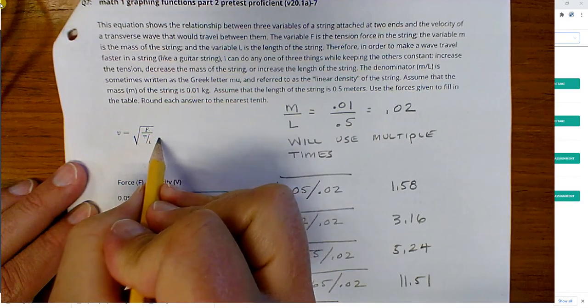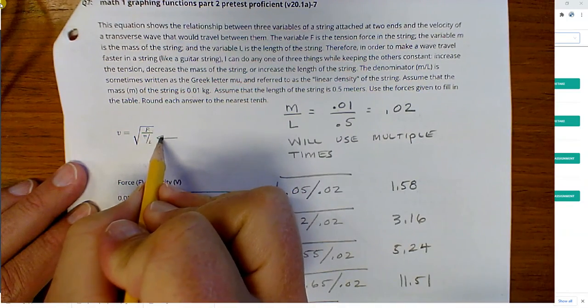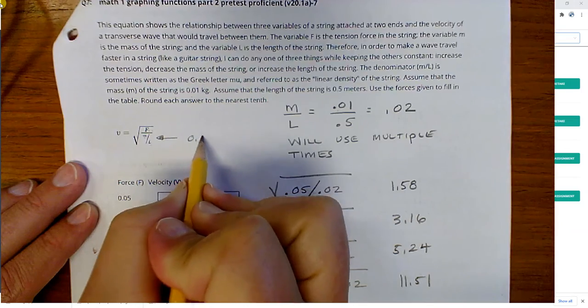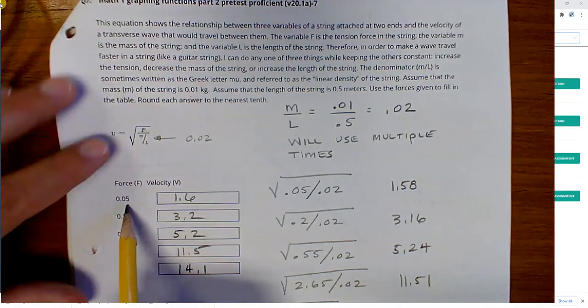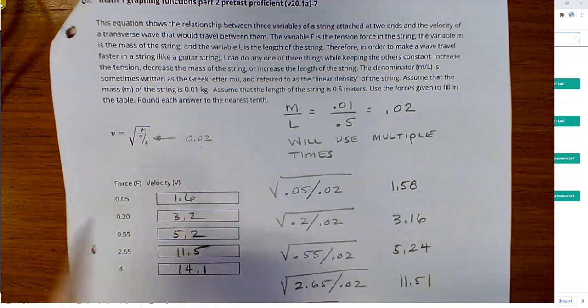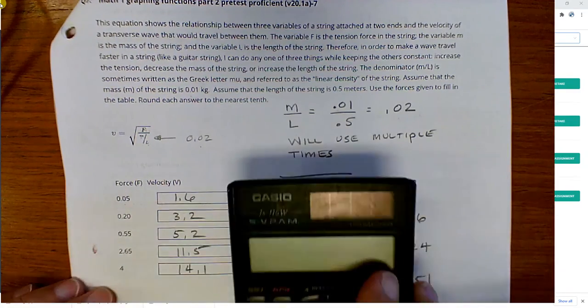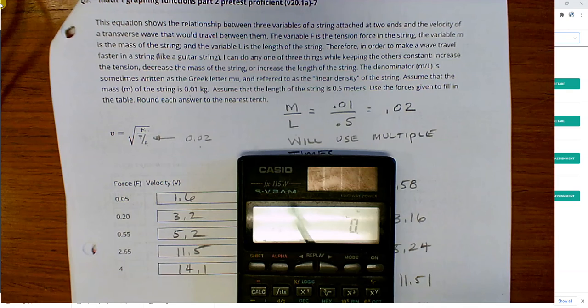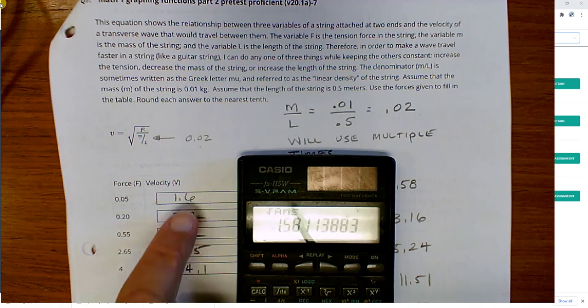So everything down here in the bottom is always going to be 0.02. So I'll take the F, divide it by 0.02, and take the square root of it. F is 0.05 divided by 0.02, and I take the square root of that answer, and I get 1.58, which rounds to 1.6.